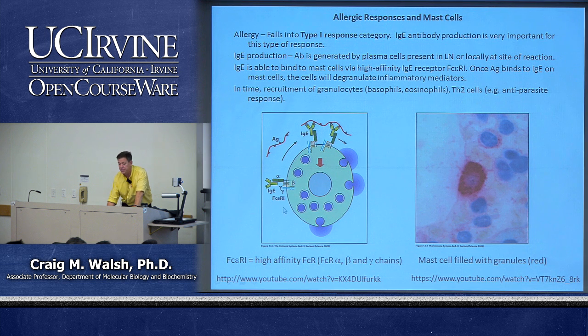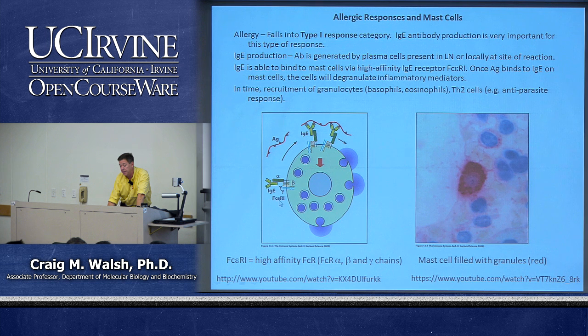On the surface of a mast cell, there is a special Fc receptor. You've heard about Fc receptors before. We talked about that in the context of naive B cells, and how certain naive B cells express these Fc receptors on the surface, which blocks naive B cell activation. But in this case, this is a special Fc receptor that's specific for IgE.